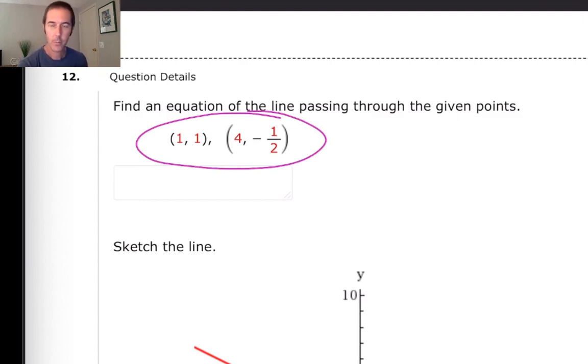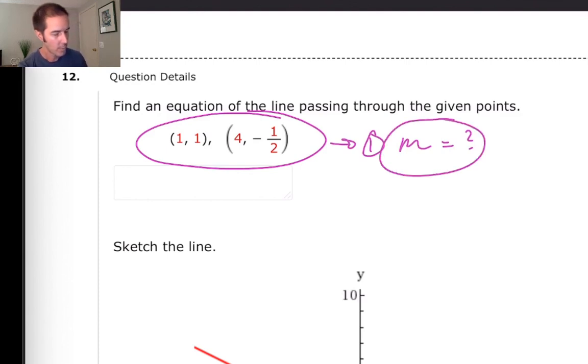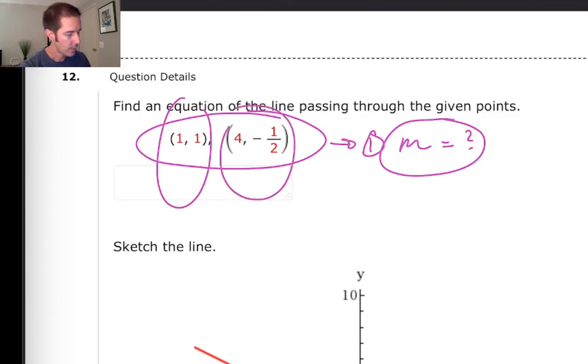But we still have to remember our algebra skills. So again, you're going to need to first find your m value. So figure out what your slope is equal to, and that's your slope. And then you'll use a point, maybe this point or this point, and you'll need to use point slope form, which is y minus y1 equals m times the quantity x minus x1.